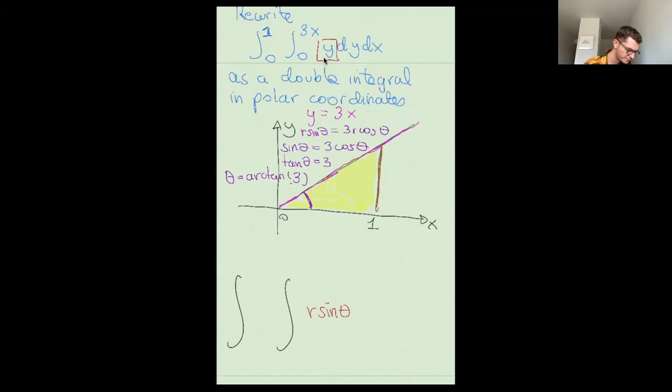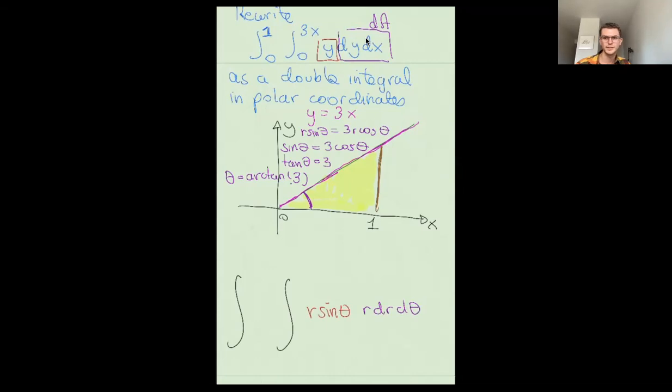Then dy dx is like dA, but remember that dA gets written in a different way in polar coordinates. It always gets written as r dr d theta. So you have to put r dr d theta here.